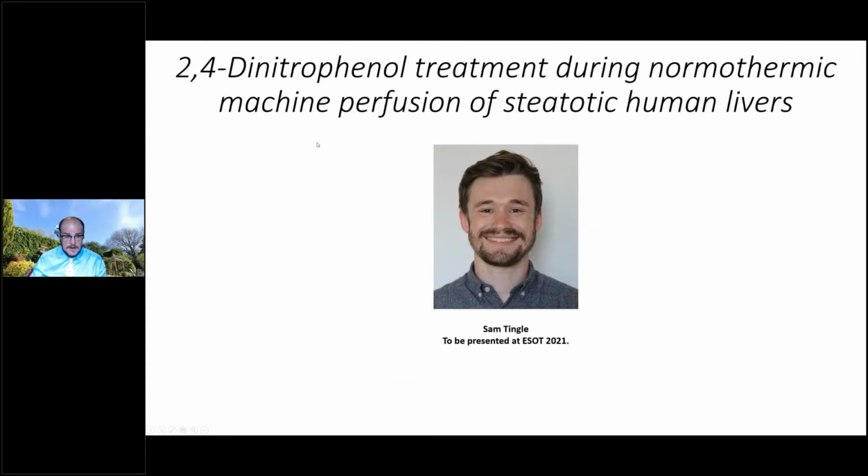So the studies I'm going to show you in a series of cases are all from students in the lab. This one is looking at dinitrophenol treatment during normothermic machine perfusion of steatotic or fatty livers. And it'll be presented next month by Sam Tingle, who really led and delivered on this work.